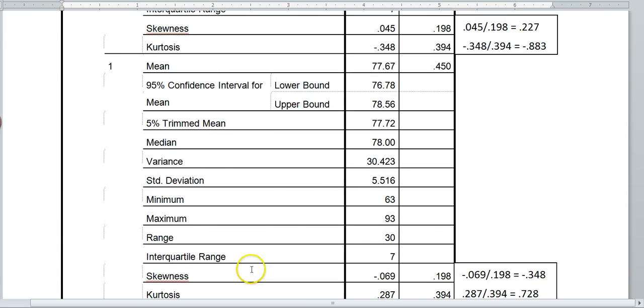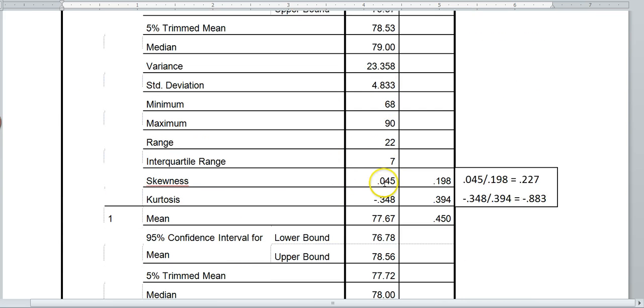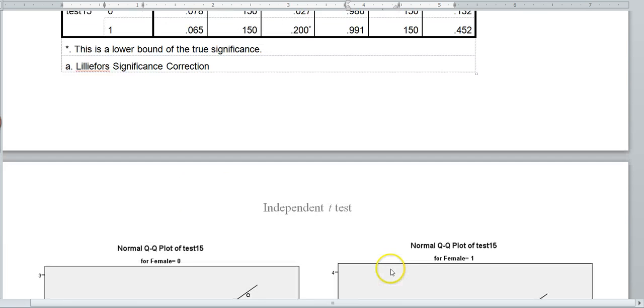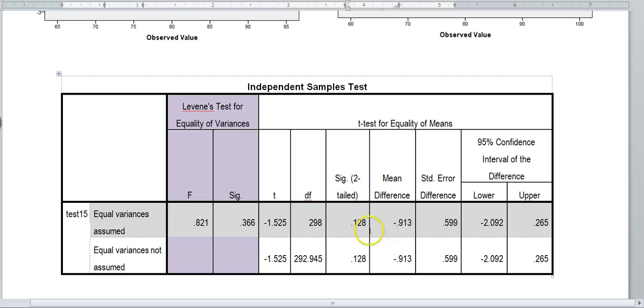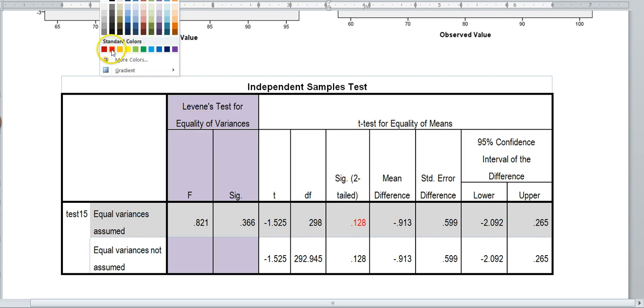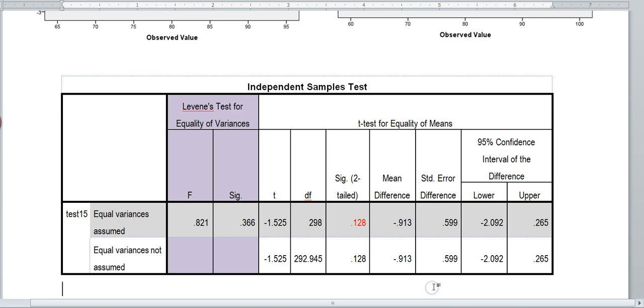Remember, we said that the men scored 78.59 and the women scored 77.67, but this difference was not statistically significant, and that's what tells you right there. In addition, you have a confidence interval for that difference, which overlaps 0 if this was on a number line, which means that the difference between them could in fact be 0.